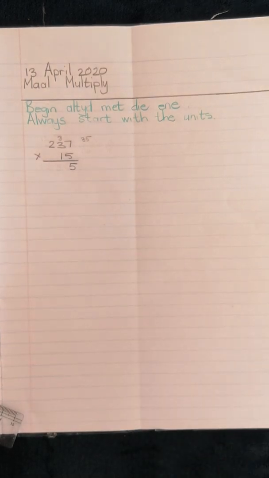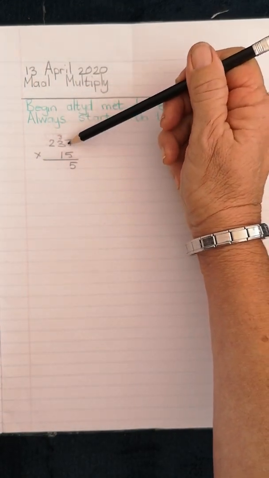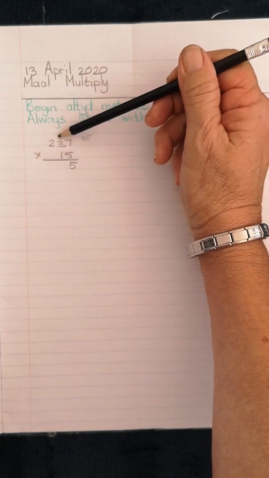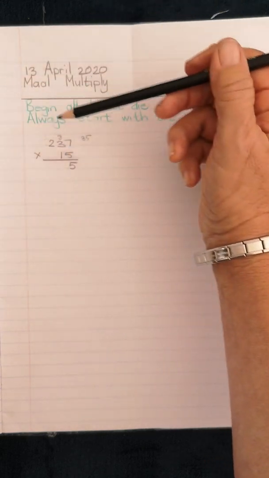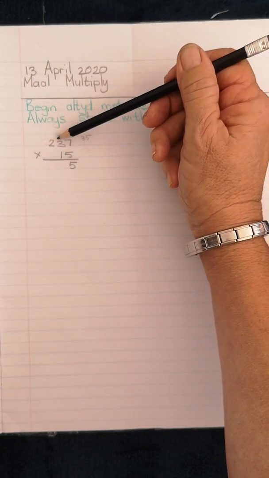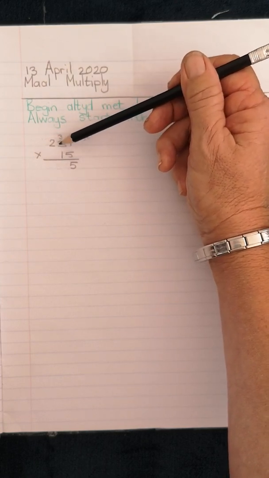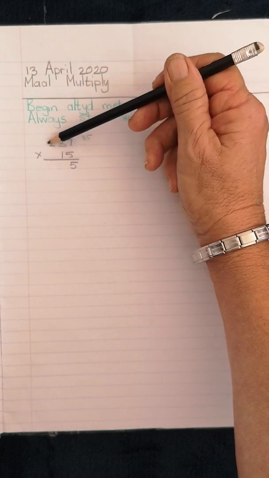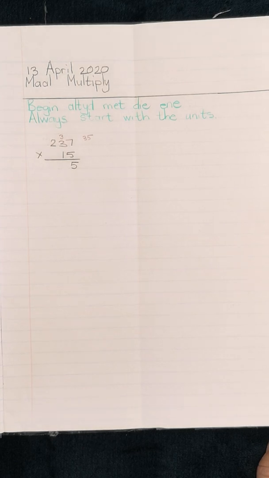My voorstel is, I suggest that if you work with the units and you have numbers to take over to the next number, or the tens or the hundreds or the thousands, whatever, write it on top. And when you need to take numbers over, when you multiply with the tens, write it just next to that number, so that you don't get confused.